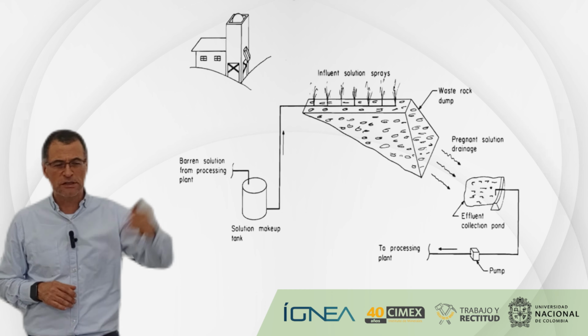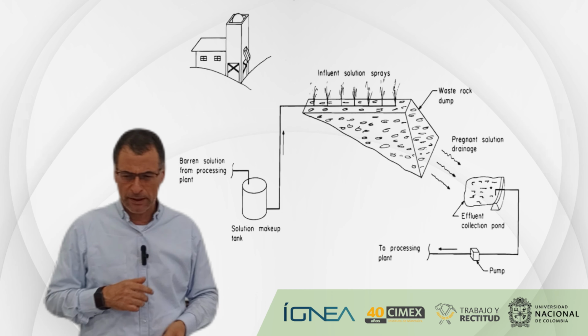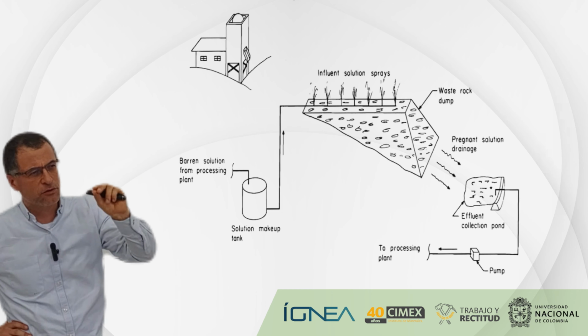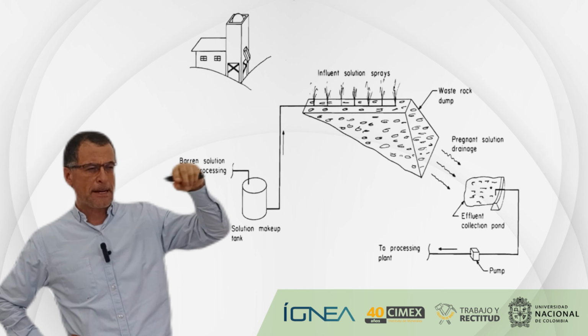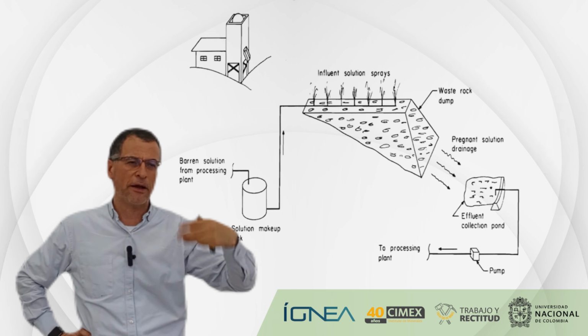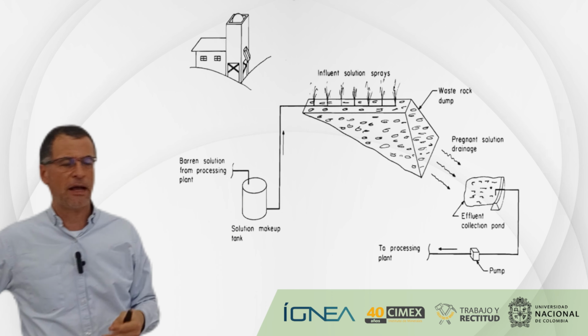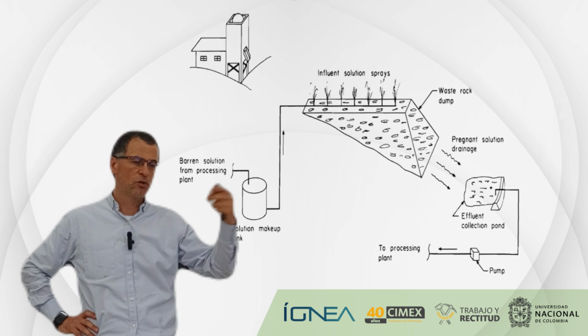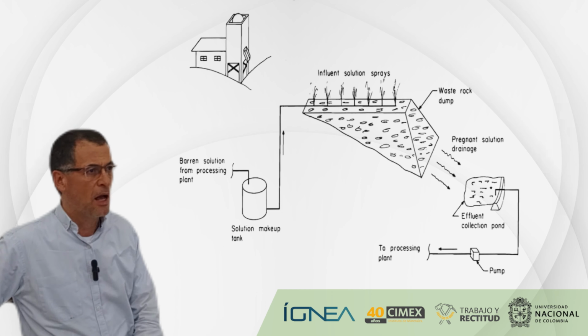You can use this method to create conditions to leach the ore in the tailings, in order to extract the effluents, which then go to the processing plant.